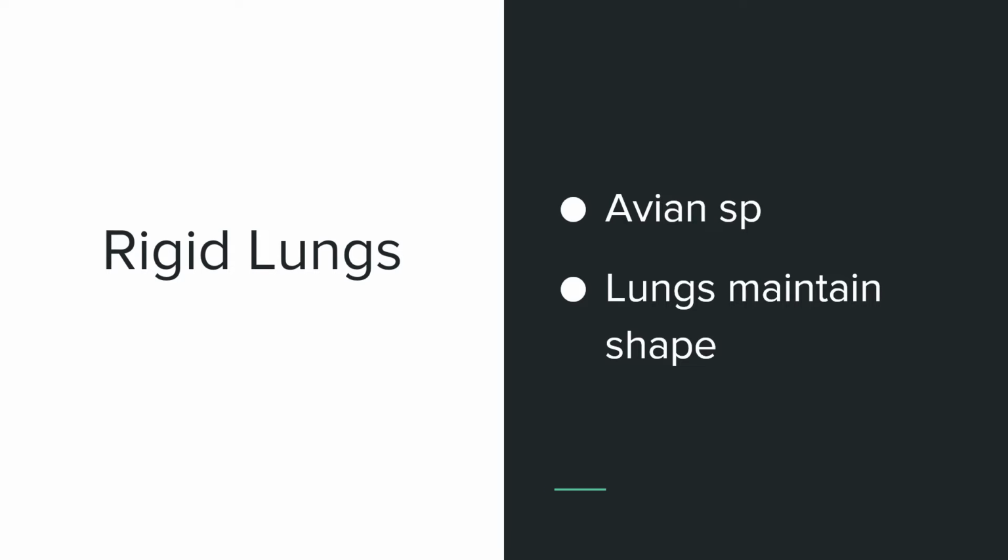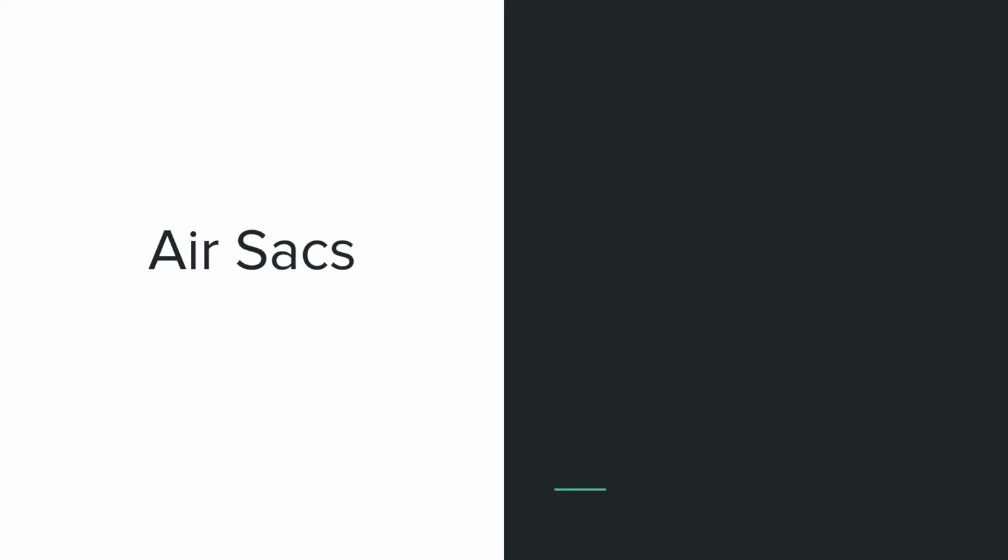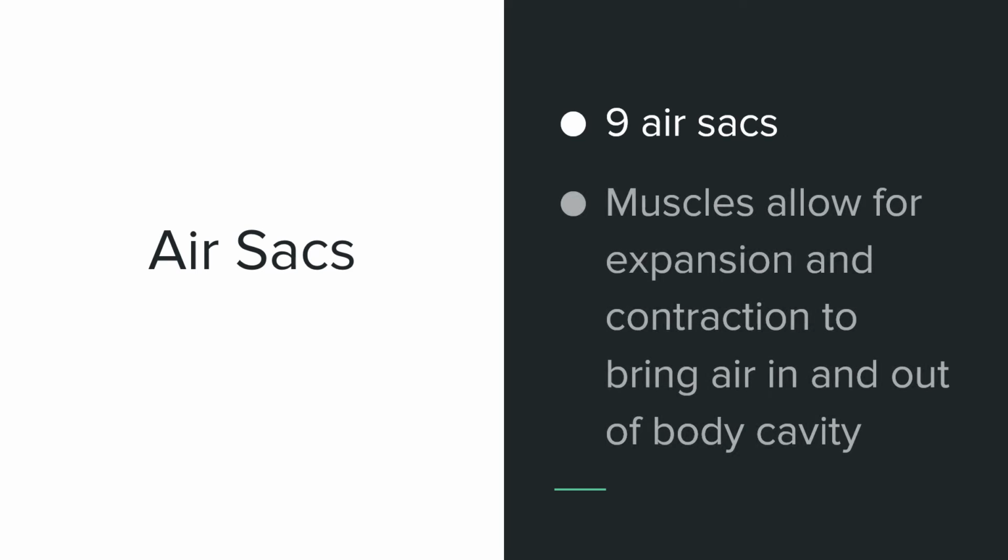So if I take it out, instead of a nice squishy sponge, it's like a pumice stone or something that's very hard. So in order to get that gas exchange and that pressure gradient that we get with our lungs and our diaphragm, they use air sacs. They have 9 air sacs, and these muscles allow that expansion and contraction. So they bring the air in and they push the air out.